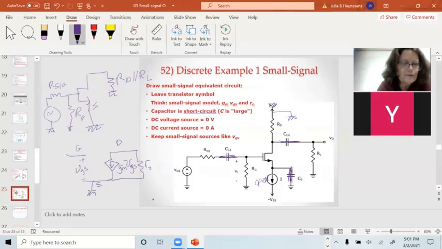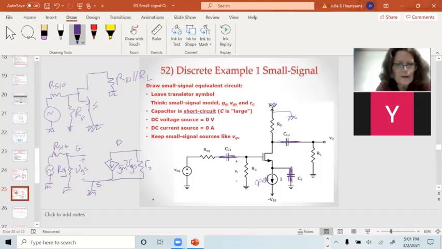My gate sees a voltage divider. Sorry, this is sloppy. RG. And this is grounded.